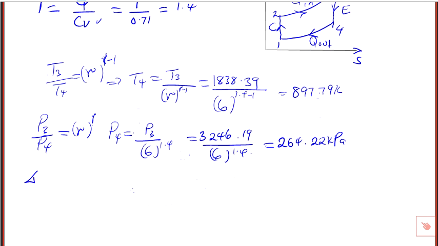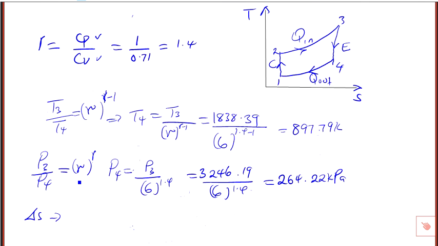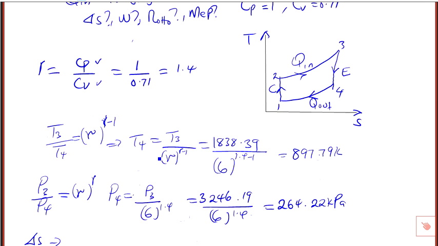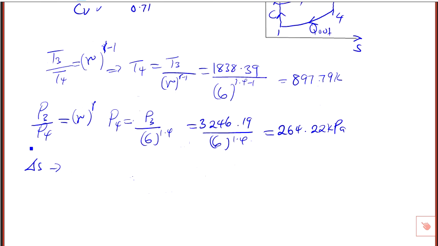Now the entropy change can be either S3 minus S2, from 2 to 3, and S3 minus S2 is the same as S4 minus S1, because S1 is equal to S2 and S3 is equal to S4.